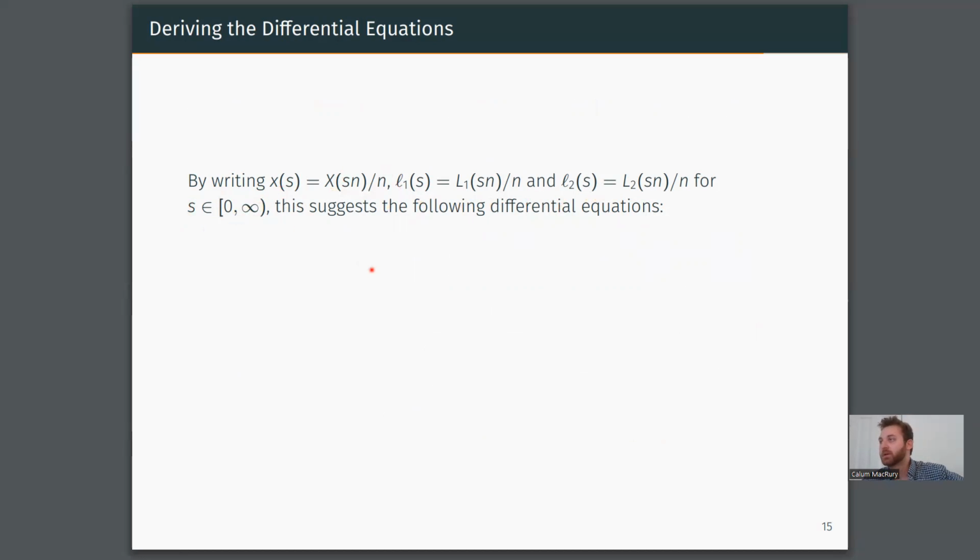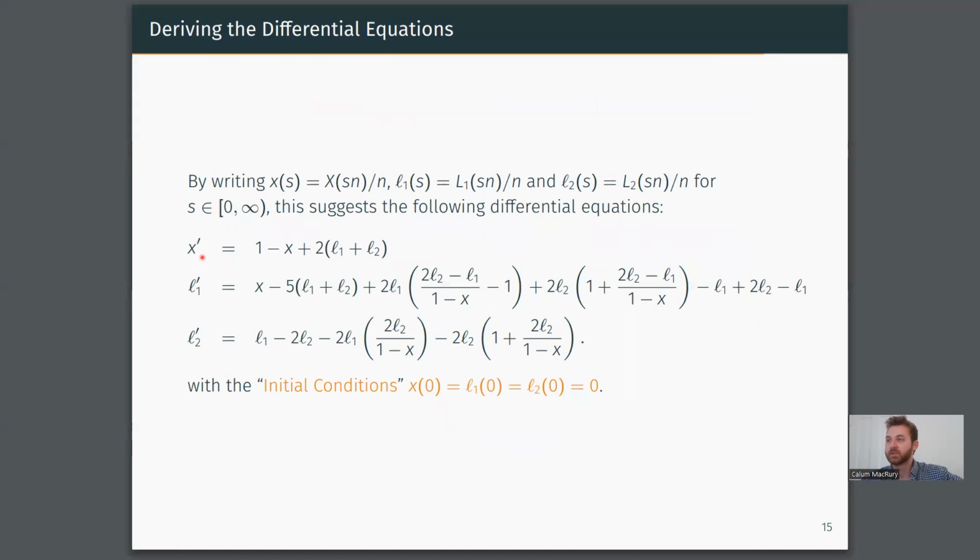If we do this, then we get the following differential equations. As you can see here, they don't depend on n. It all matches up to what we had on the previous slide. And finally, we have the following initial conditions. So initially, there are no vertices in the path, and there are no red vertices. So everything's 0.